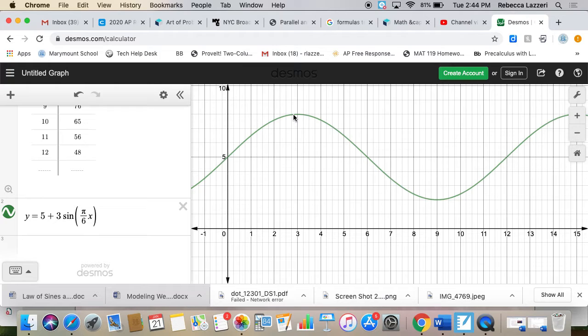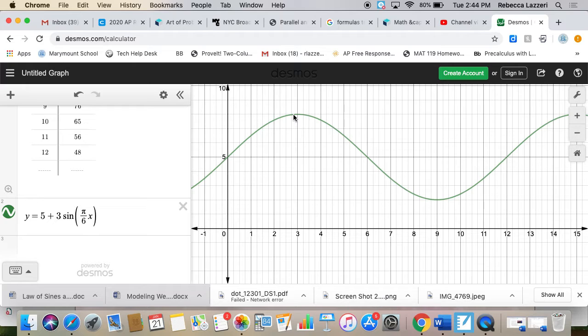So anyway, this graph's peak occurs at 3. Those of you that have a sheet of paper to look at, does our peak occur at 4? Our first peak occurs at 4, and our other peak occurs at 16, whereas this one's occurring at 15. So I'm going to shift it all over 1.